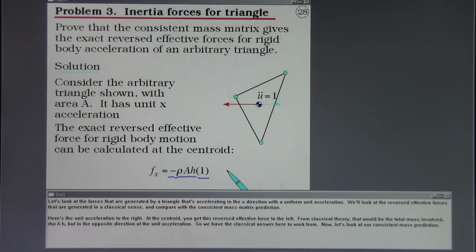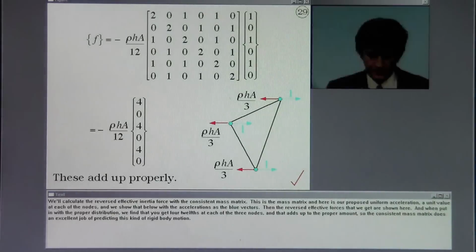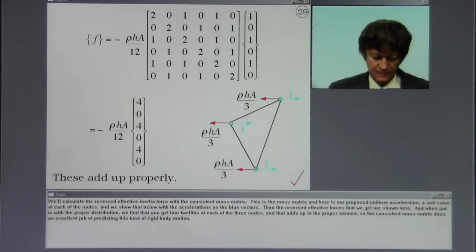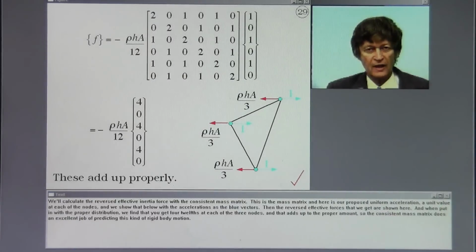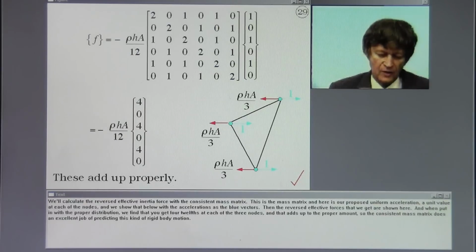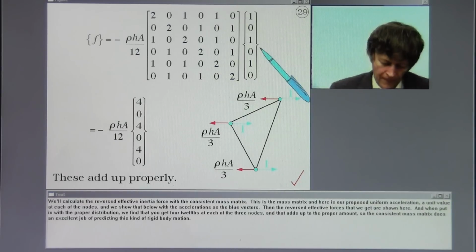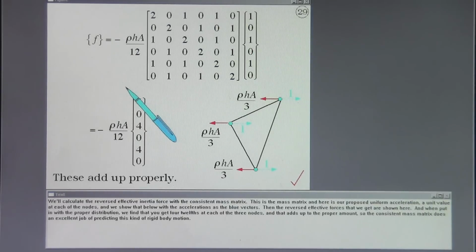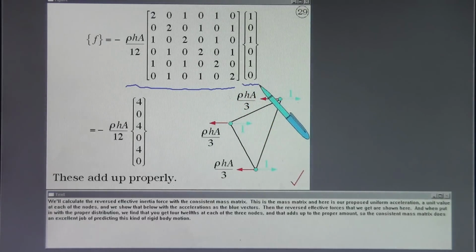Now let's look at our consistent mass prediction. We'll calculate the reversed effective inertia force with the consistent mass matrix. This is the mass matrix, and here's our proposed uniform acceleration, a unit value at each of the nodes.